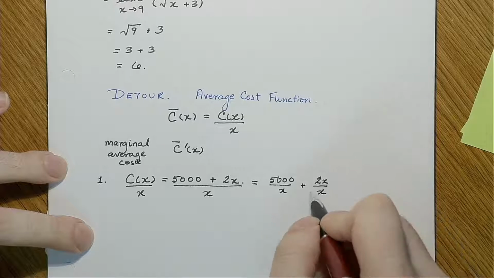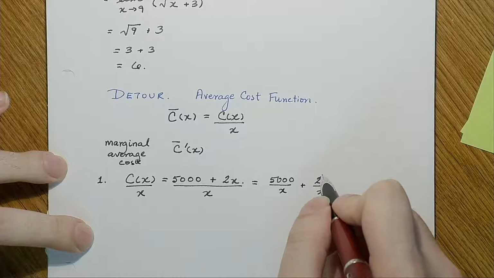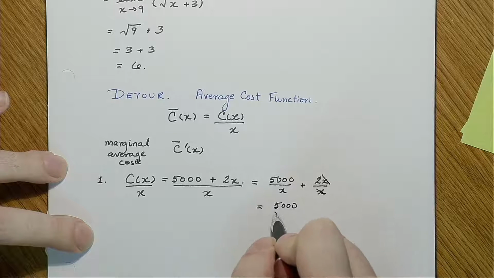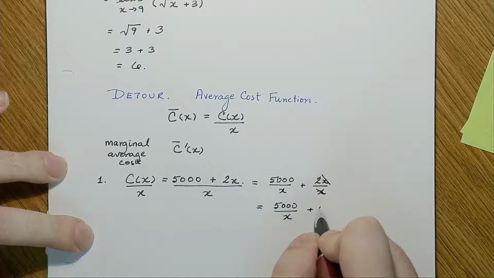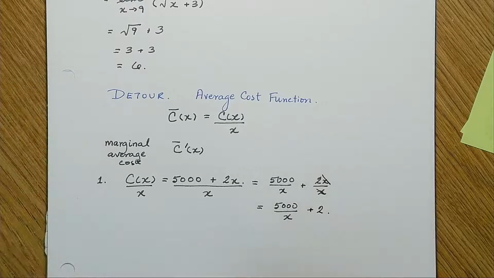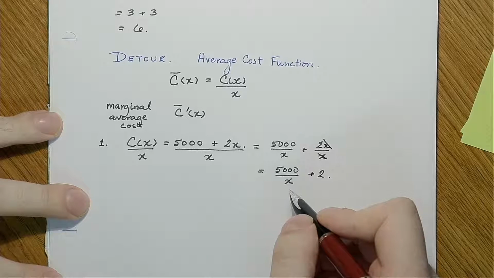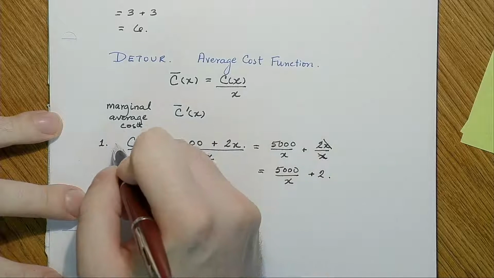Now I can actually cancel this because, again, there's the multiplication, so that cancels. So I'm left with 5,000 over x plus 2. And so that's part A.